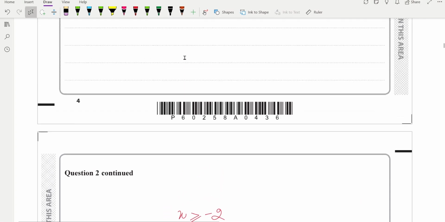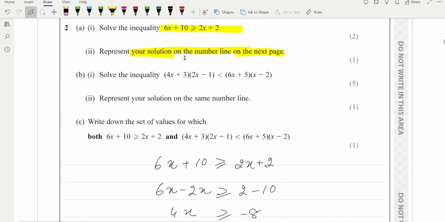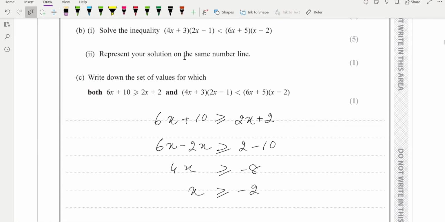Now this next part is B, solve the inequality, and this inequality is provided which we have to solve. This is a 5 marks question.